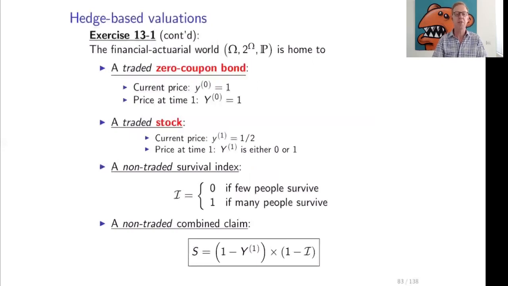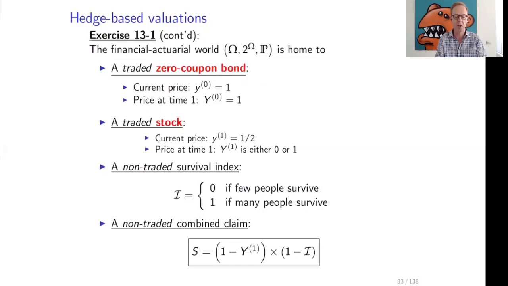Now, in this financial actuarial world, there is a traded zero coupon bond, a traded stock, and then there are some other claims which are not traded, but in which we are interested. The zero coupon bond has current price 1 and price at time 1 also 1. So we assume again that the risk-free interest rate over the 1 year period is equal to 0.